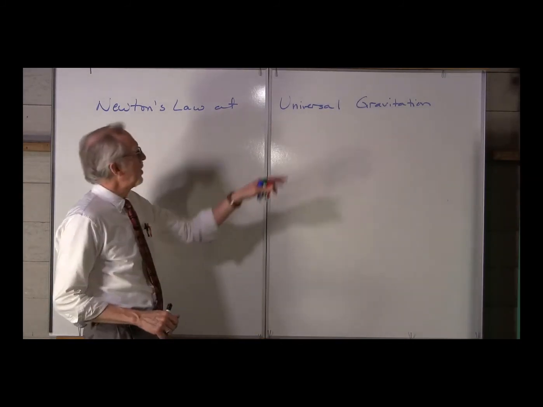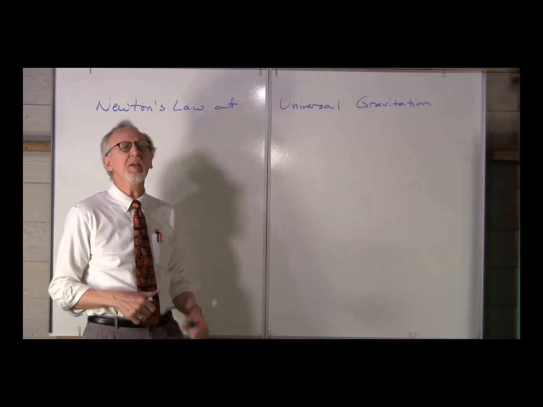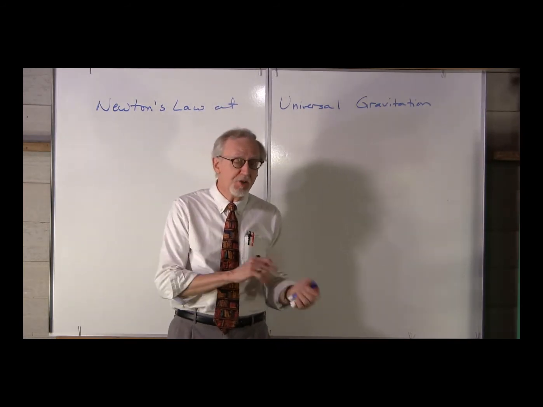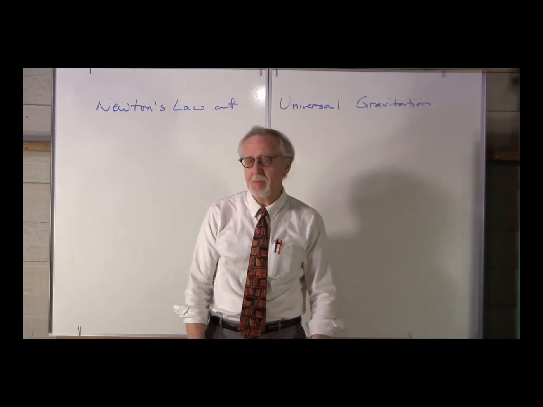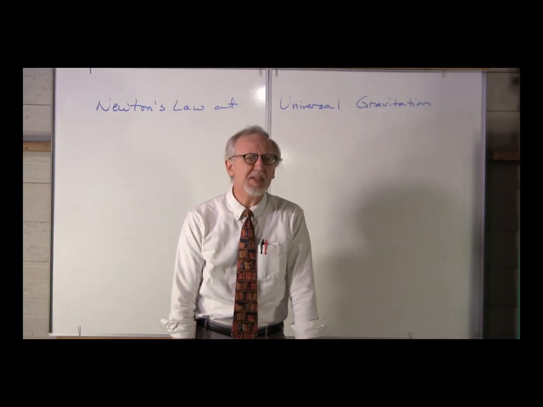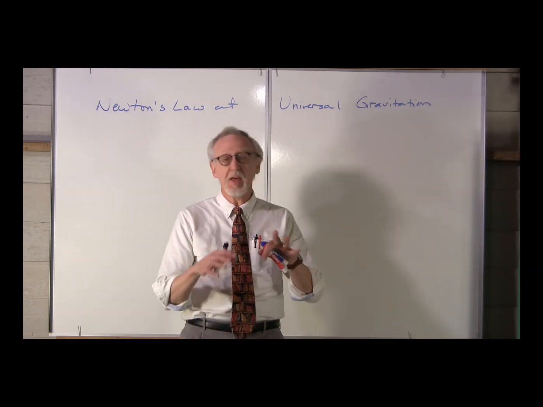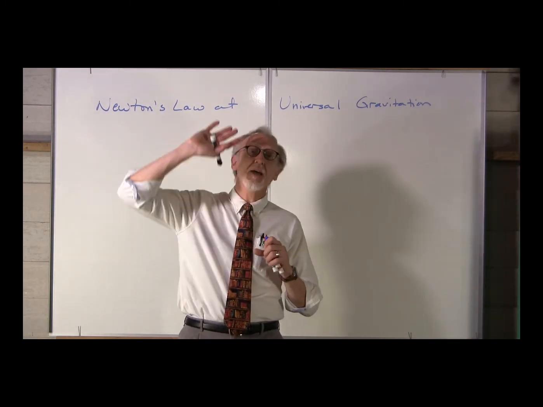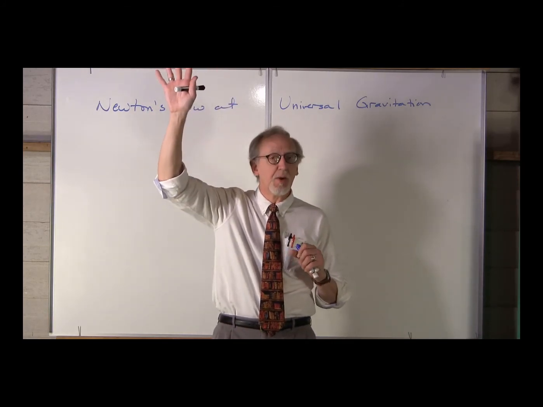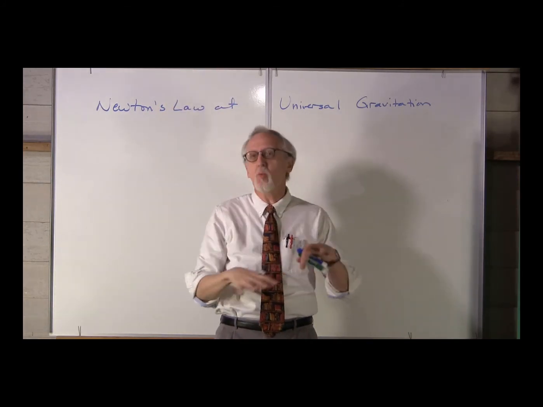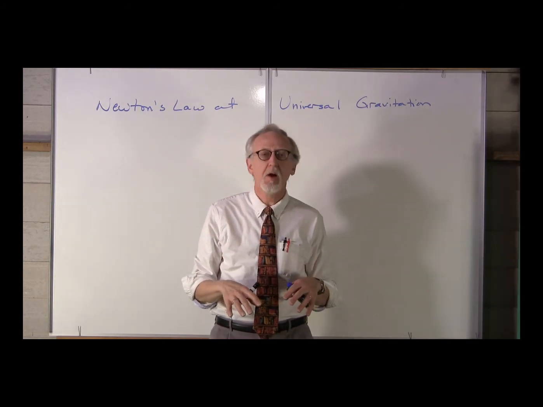First of all, why is it referred to as the universal gravitation? What do we mean universal? Quite a bit prior to Isaac Newton, it was not really understood that there was a single set of laws that would govern things in the sky, in the heavens, what we would call the celestial realm, in addition to what was happening here on Earth, what we would refer to as the terrestrial realm.